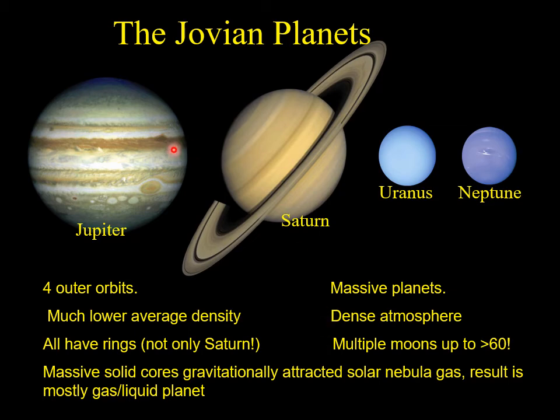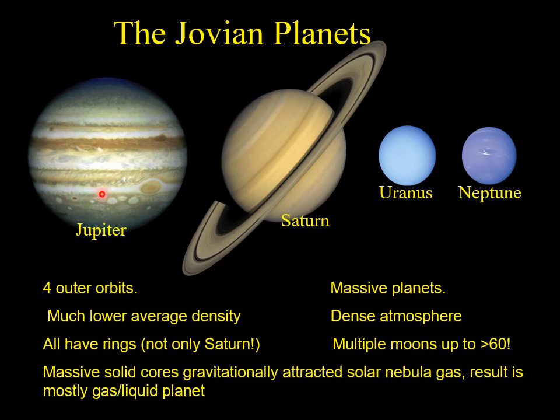And the reason they have so many moons is that their enormous gravity was able to attract and capture a lot of small pieces of debris, which we call moons, to the planets. The other thing I'll mention here is that inside these planets, we're pretty sure there is a large solid core of rock and ice and harder elements.